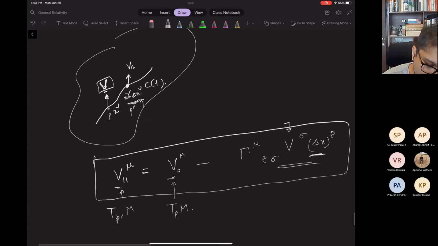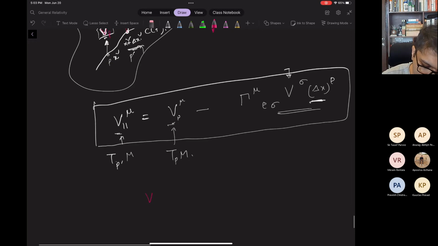And now what we can do is we can compare. So if I have a smooth vector field V, then I have V at the point P and I have V at the point P prime. And I can compare the parallelly transported V with the V at P prime, take the difference between the two. So we'll take V parallel minus V at P prime.